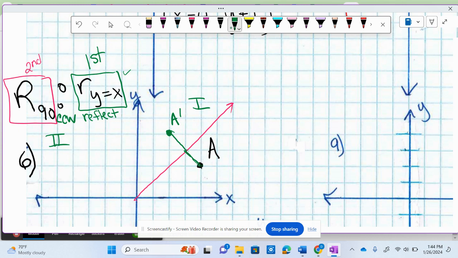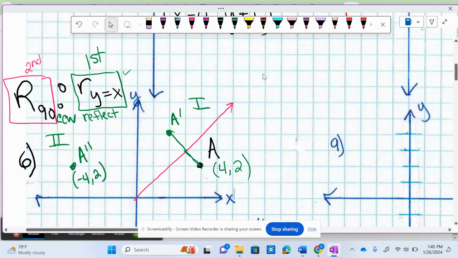So this point right here, which is the ordered pair 2, 4, is going to become the ordered pair -4, 2. The original point was 4, 2, yes. Okay. So do you see that? Answer choice is A.